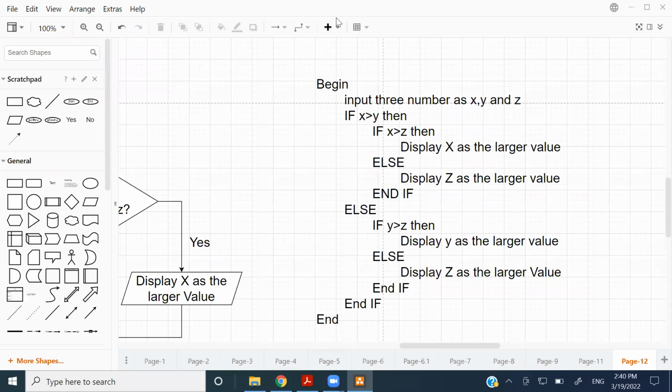Okay, so who got this all correct? Sasrika's answer is correct. And who else has this correct?